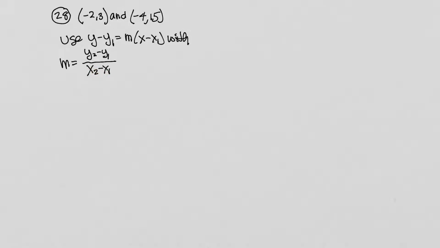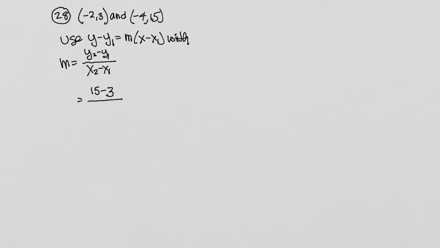Second y minus first y. Now, I'm just going to read left to right. The second y I see is 15, and the first y I see is 3. So I'm going to write this as 15 minus 3. Make sense? Second y, 15, minus the first y, 3.